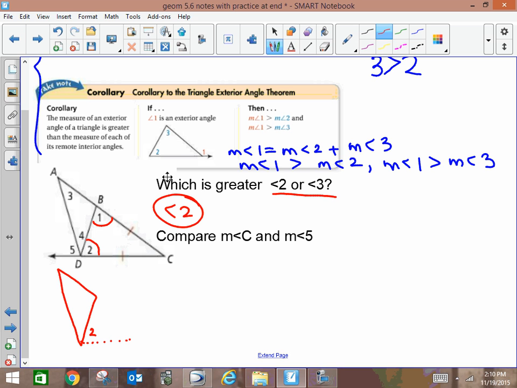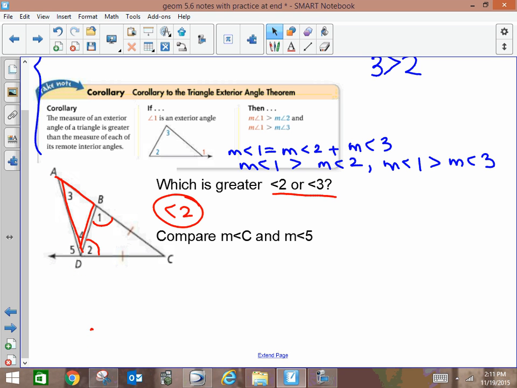Okay, exterior angle. All right, take Amanda's exterior angle. Let me get rid of this 2. Whoops, what happened? All right, what is an exterior angle of that triangle? 1. 1 is an exterior angle. Okay, and 1 and 2 are the same.